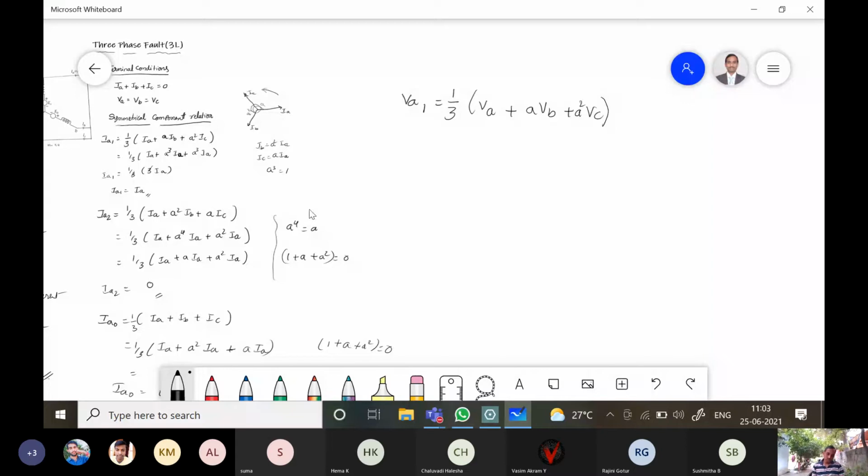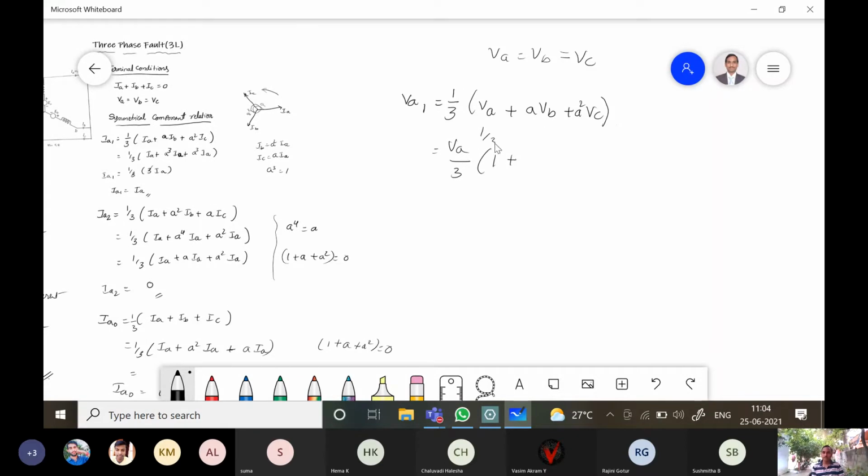Okay, here again we have VA is equal to VB is equal to VC, right? So all are equal. Therefore we can write it as 1 by 3, taking VA common, VA by 3. VB is also equal to VA, VC is also equal to VA, right?